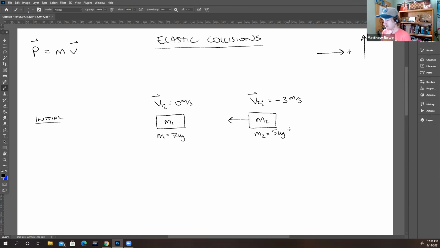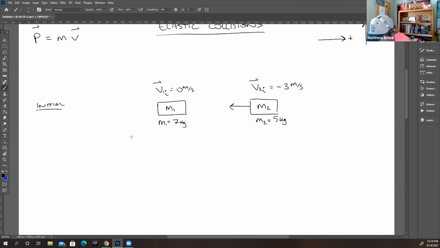The way we commonly would do that is in our instructions, case A. We would find the total momentum before.